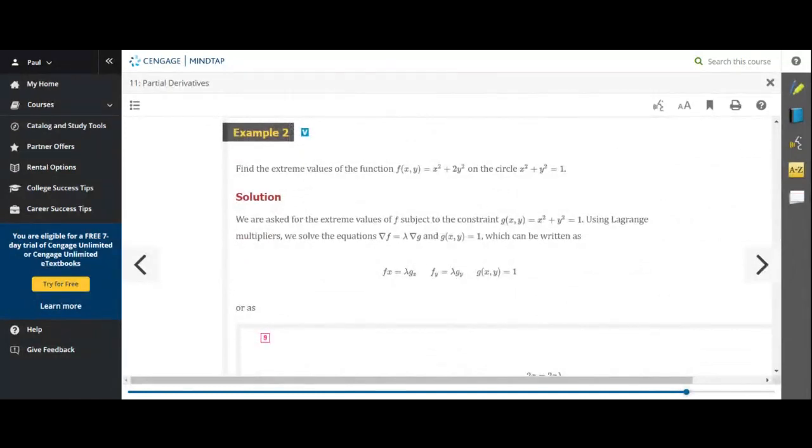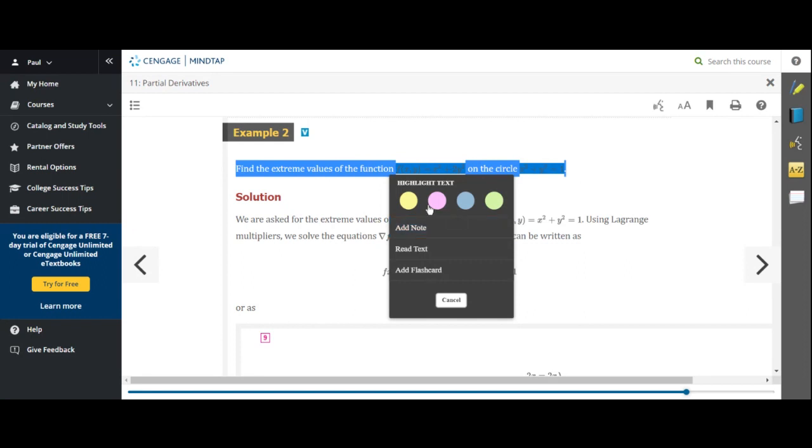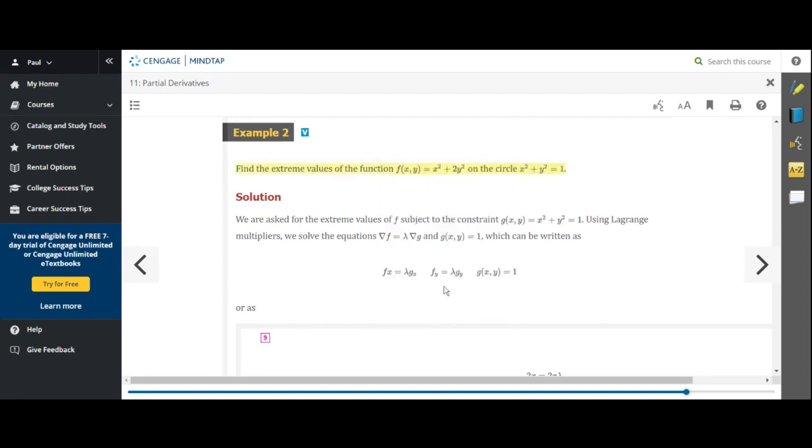Example 2 in the book says find extreme values of the function f(x,y) = x squared plus 2y squared on the circle x squared plus y squared equals 1. Your constraint is that the points have to be on that circle.